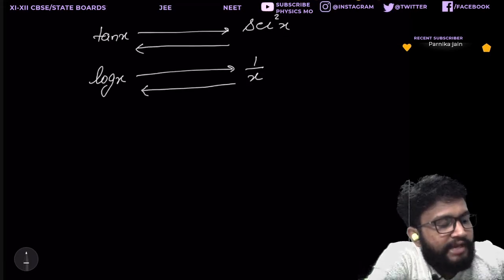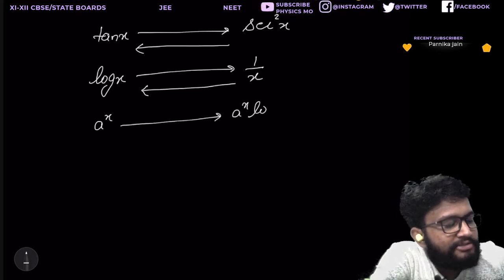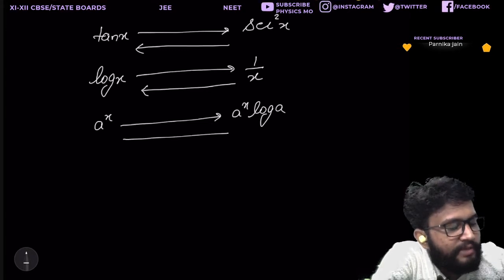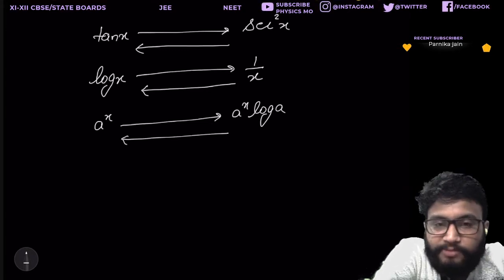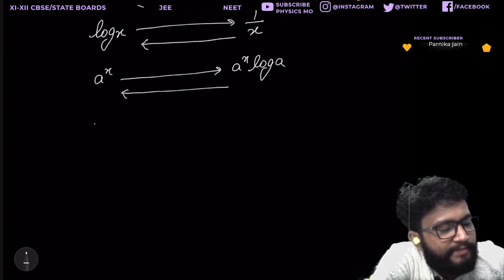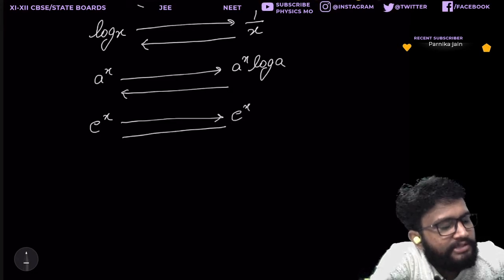For example, we have a raised to power x, and the differentiation of a raised to power x was a raised to power x log a. So the integration of a raised to power x log a is a raised to power x. We have e raised to power x, which is the best one. The integration of e raised to power x is e raised to power x.